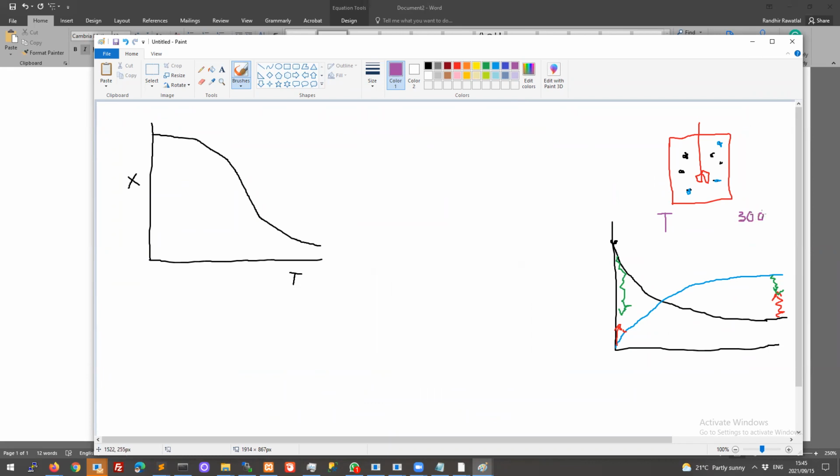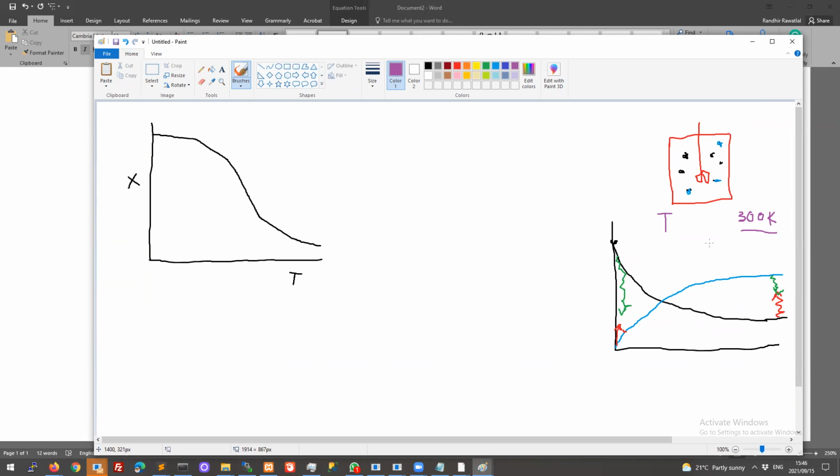And of course, we may have to do some extra work to keep this at 300 Kelvin. It might be that we have to add heating or cooling to maintain the temperature at 300 Kelvin. If we had controllers with heating coils and cooling jackets, and we force the system to stay at 300 Kelvin, then all this would happen and we'll reach a certain equilibrium.